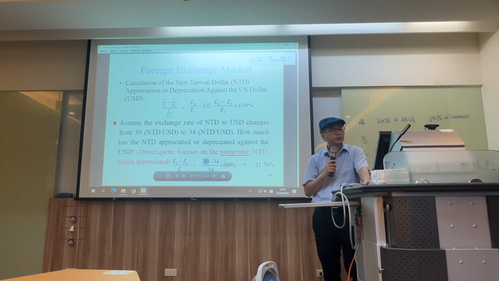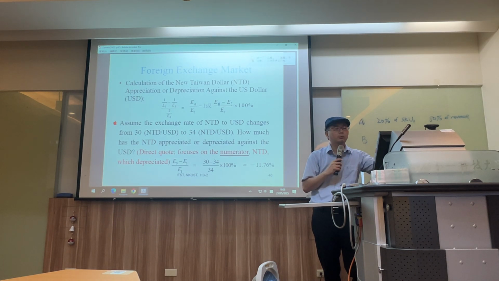And why are we doing this kind of calculation? Because, as the textbook indicates, when you try to focus on the numerator of the exchange rate, you have to derive these kinds of ratios: the exchange rate at t equals 0 minus the exchange rate at t equals 1.